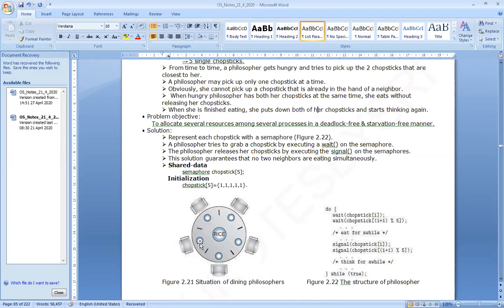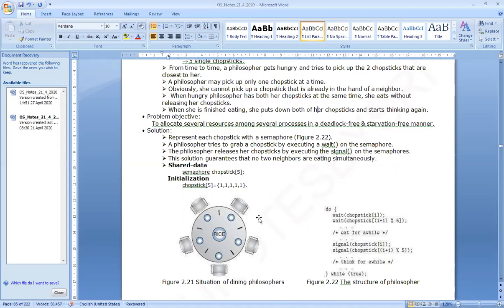Like this there are five chopsticks, and there is a bowl of rice placed at the center of the table, which they want to eat. With only one chopstick we can't eat the rice. With the help of two chopsticks only, we can eat the rice.